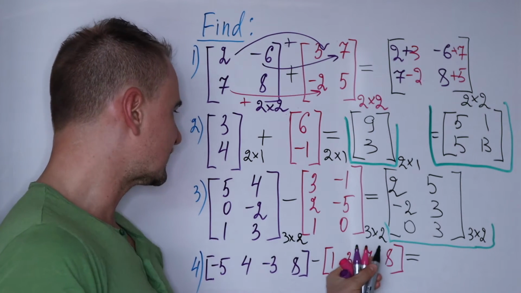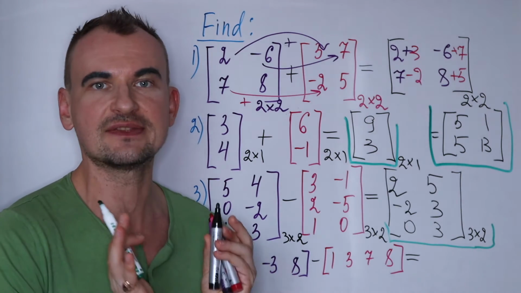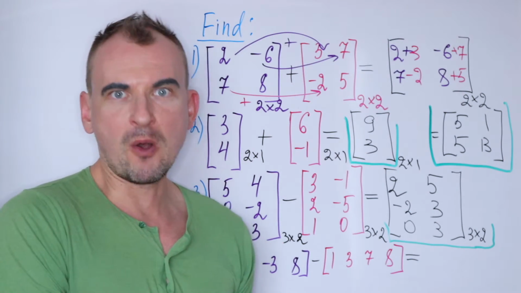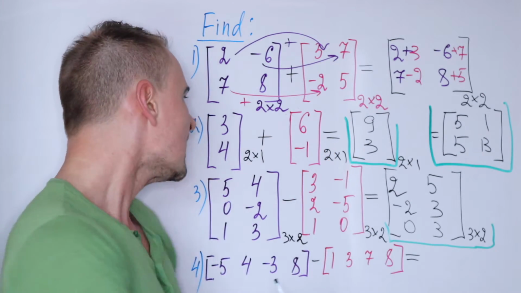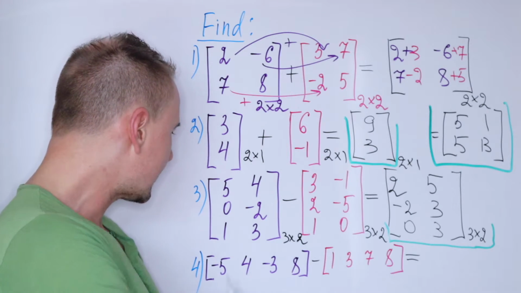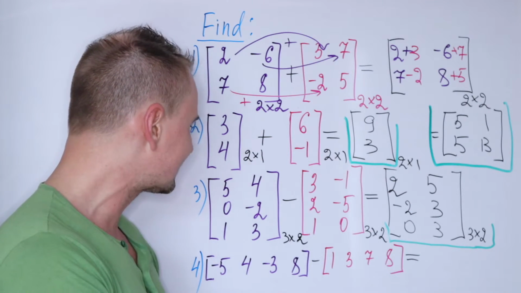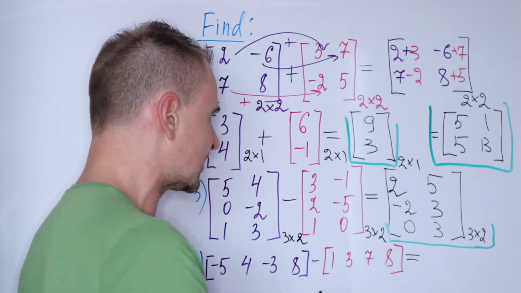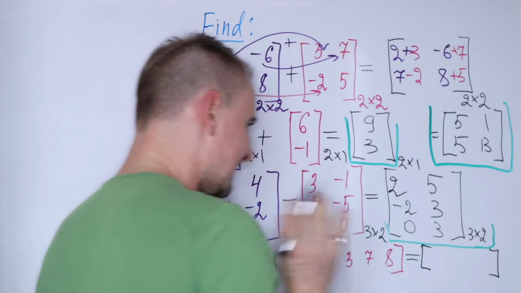Alright, how about this one? These two are basically row matrices. So you are given just one row, sometimes it's called a vector, if you will. So you have two vectors, it's only one row, and you are given 1, 2, 3, 4 columns. So the size or the order of these matrices is 1 by 4. The resulting matrix has the same size, 1 by 4. And the same rule.